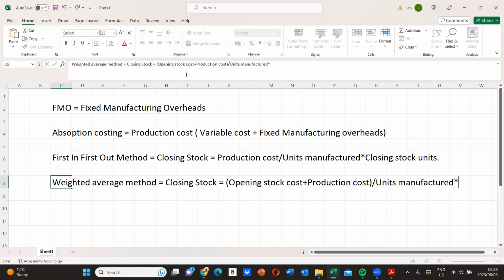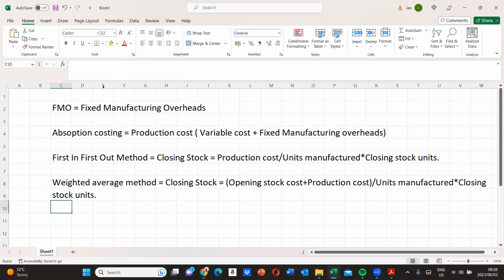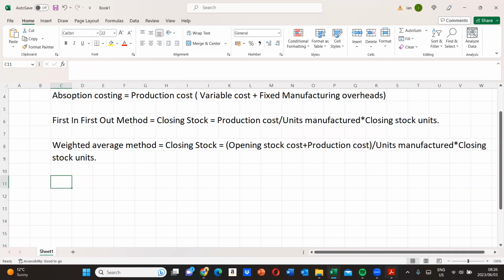And then you multiply by closing stock units. So this is in regards to weighted average. Can you see the difference between the two methods?